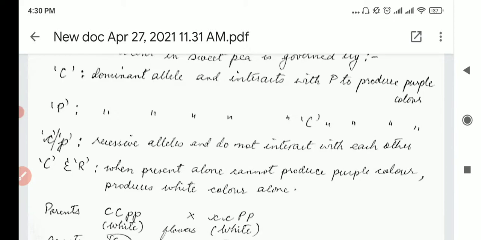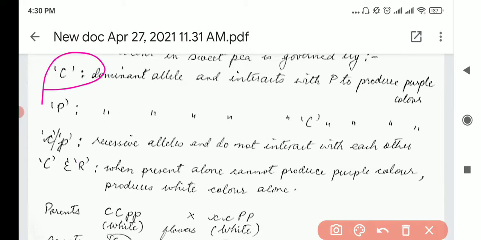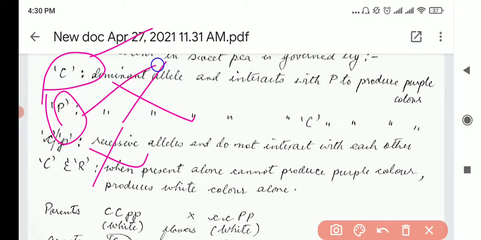If C or P is present alone, they cannot produce the purple color, they will produce white. Remember, this is P, sorry. So if C alone, no purple, or P alone, no purple. Both have to be there to show the purple.